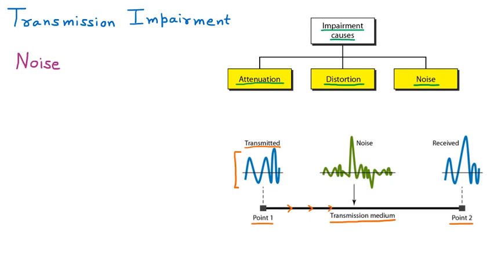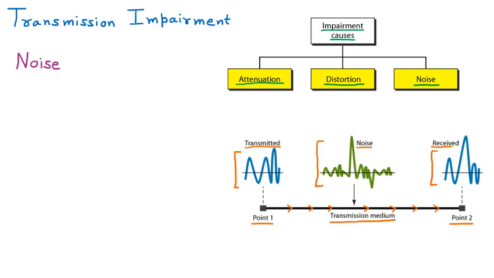Now in between, in the transmission medium, there is some other appliance or some other current or something else placed which is giving the interference or adding the noise. So this is the noise which is added to my signal. If that noise is added, then the resultant signal which is received at point 2 will be different.